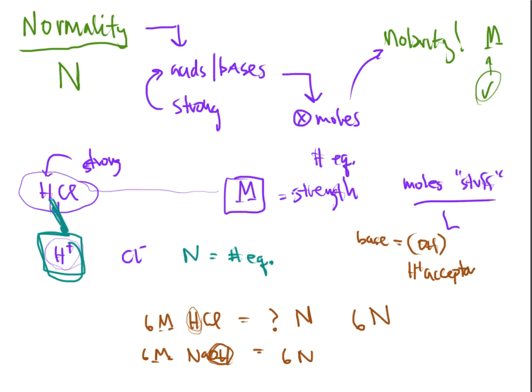All right, well, what if it's not a 1-to-1? How do I know? That's pretty simple. Look at the structure. H2SO4. Let's say that we had a 6 molar solution of sulfuric acid, H2SO4.